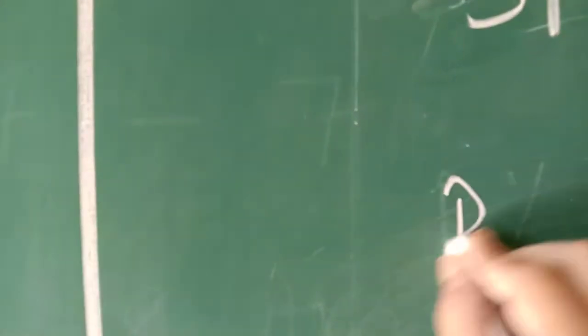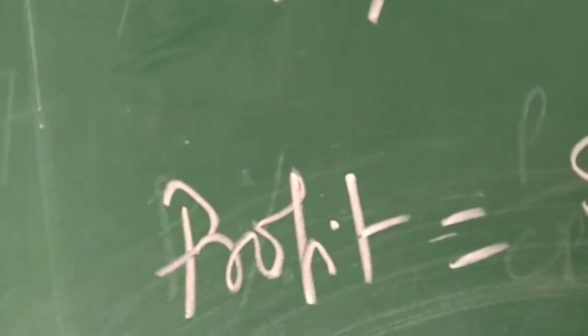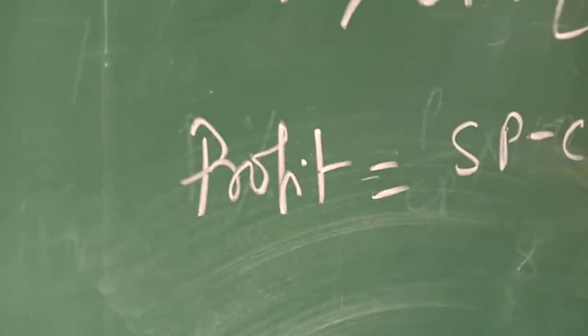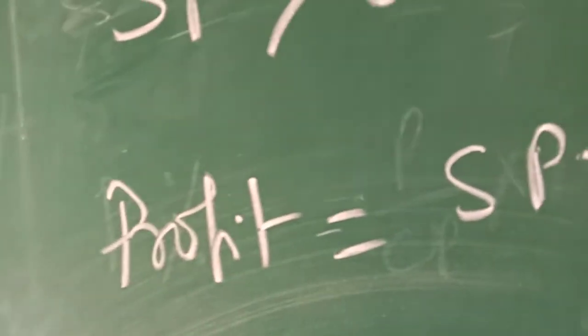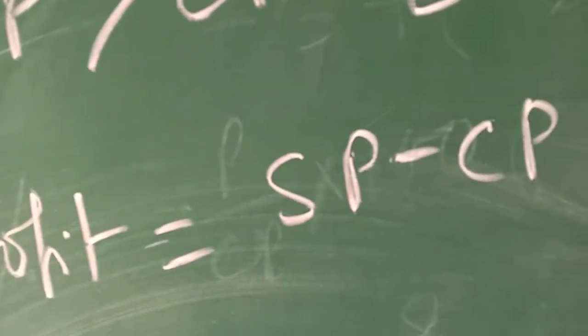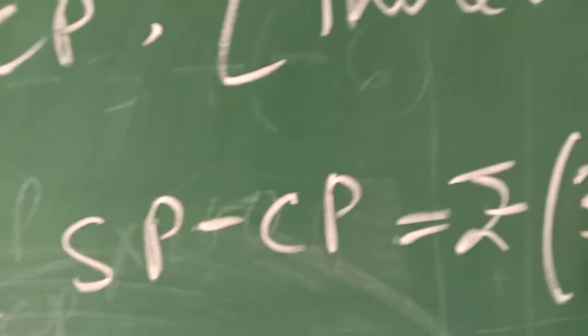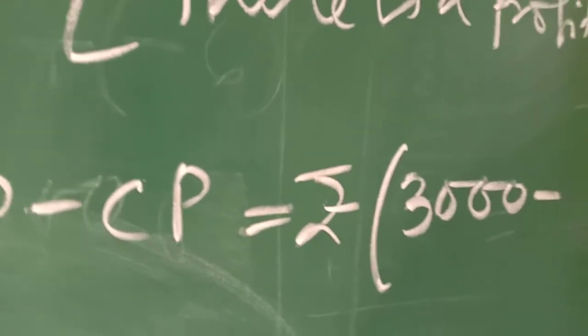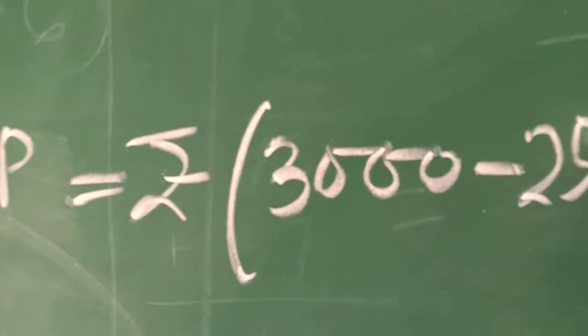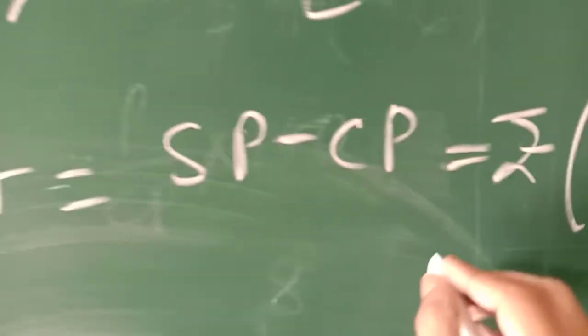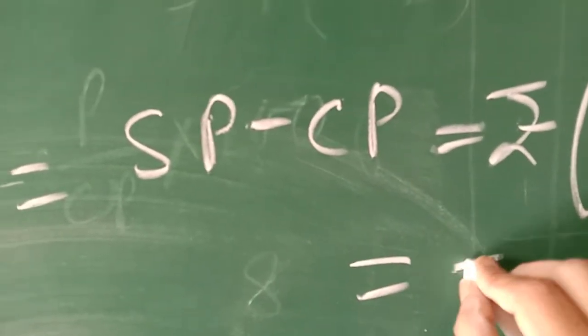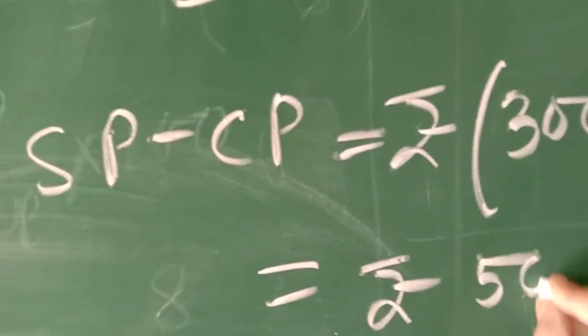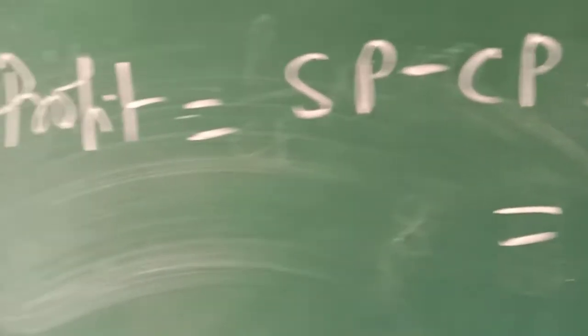First you have to find out the profit. Profit is equal to SP minus CP. What is your SP? 3000, that is rupees 3000 minus 2500, it is rupees 500.